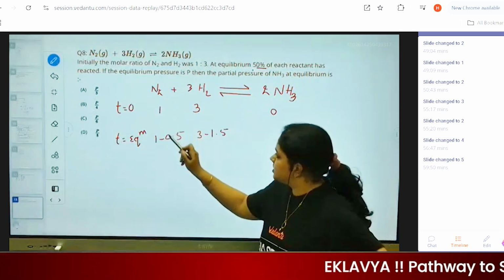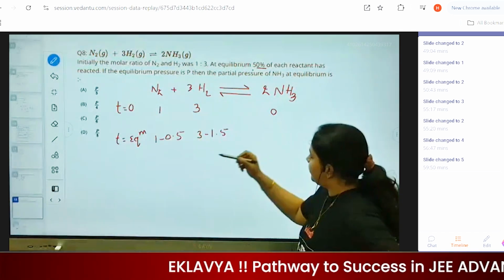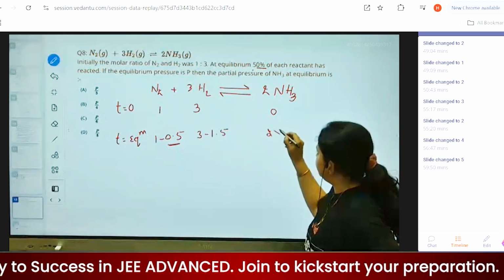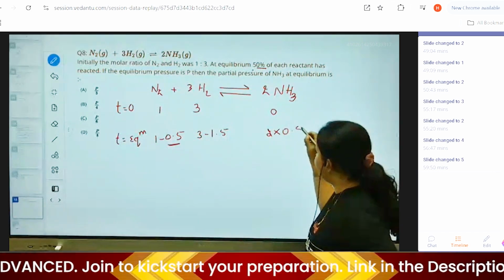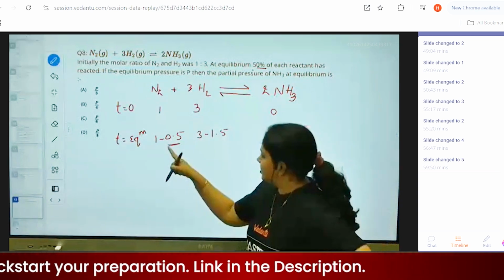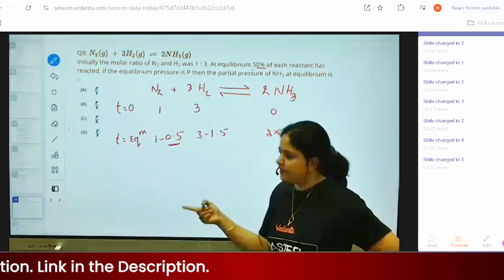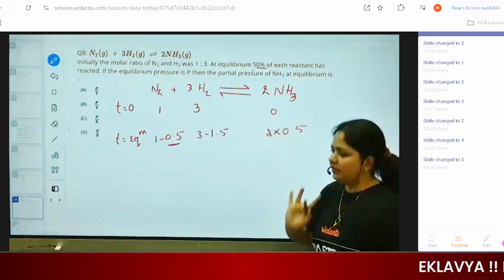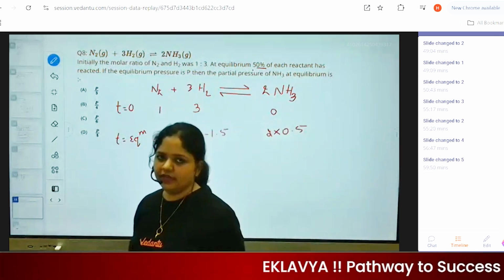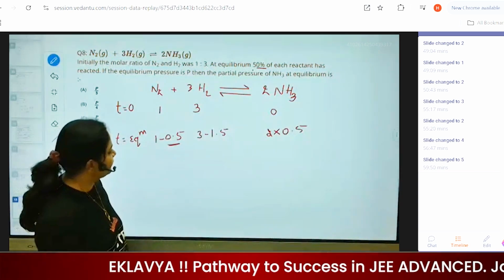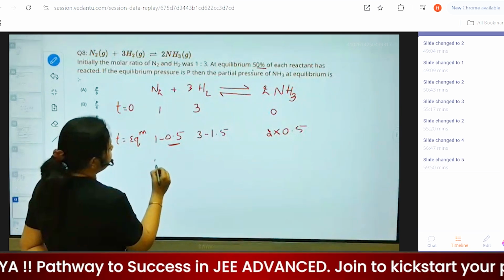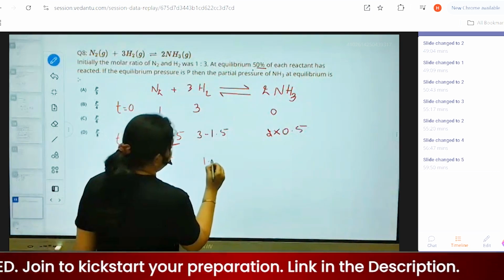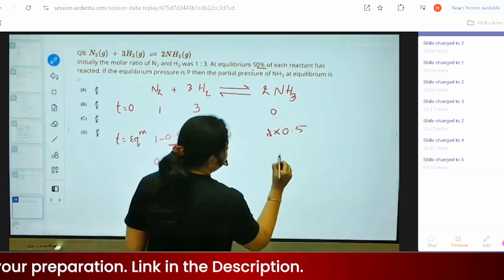So for ammonia this will be 2 into alpha, 2 into 0.5, where alpha is 50%. So what are the remaining moles here? 0.5 remained, here I have 1.5 left, and here I have 1 left.